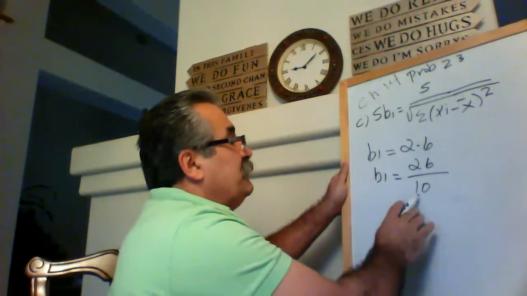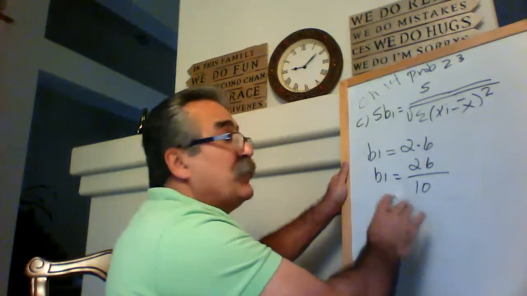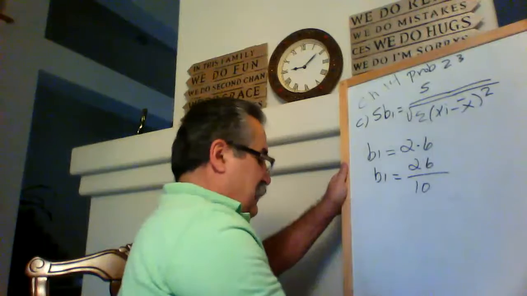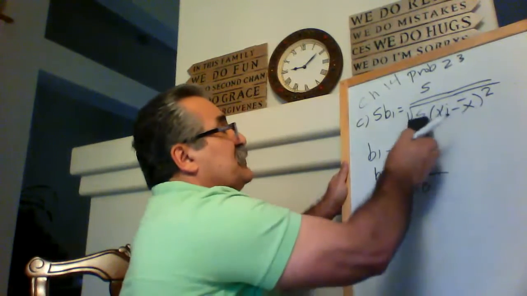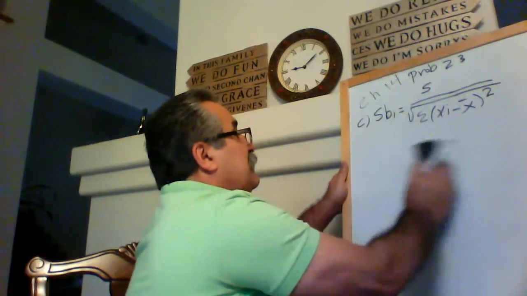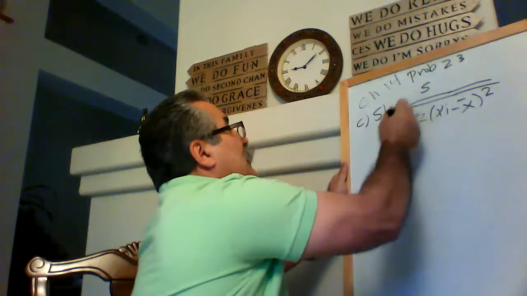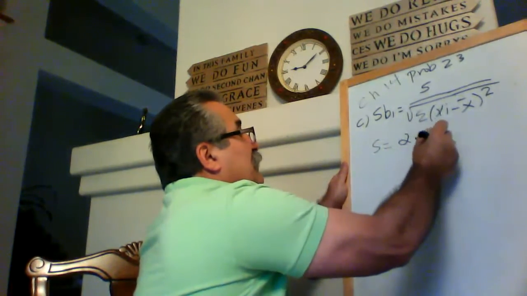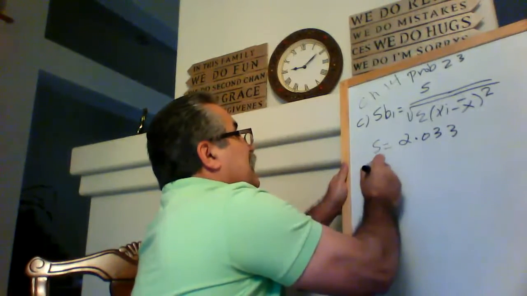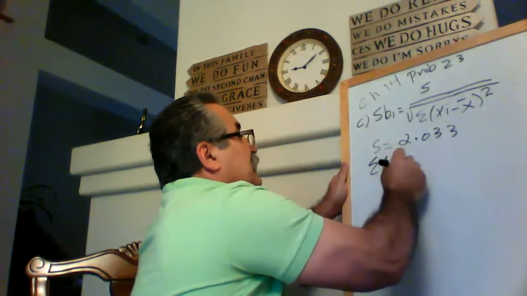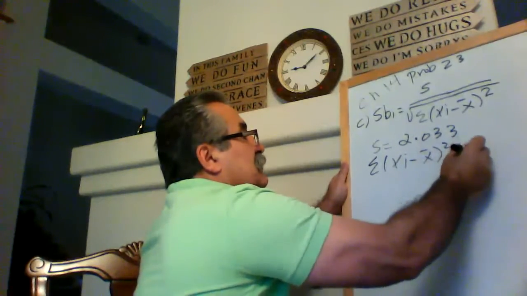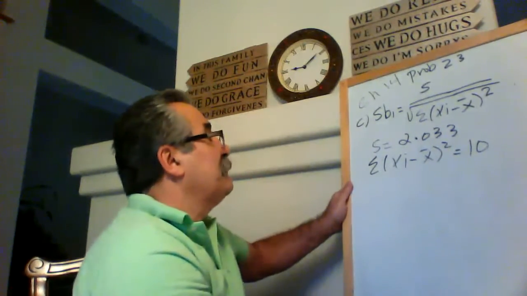This is from problem number 1. So the sigma of xi minus x bar squared is 10. So we have S, which is equal to 2.033, and sigma of xi minus x bar squared is equal to 10.